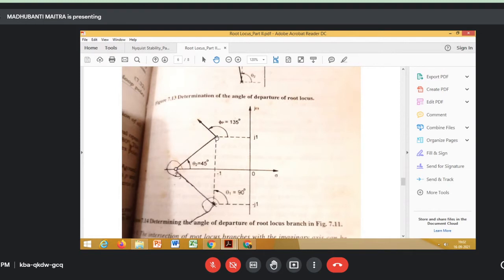The locations of the complex open loop pole pair are at -1 plus minus j1, and this open loop zero is located at -2. Okay, so find out the angle of departure. This is the angle of departure. So find out the angle of departure from this complex open loop pole.